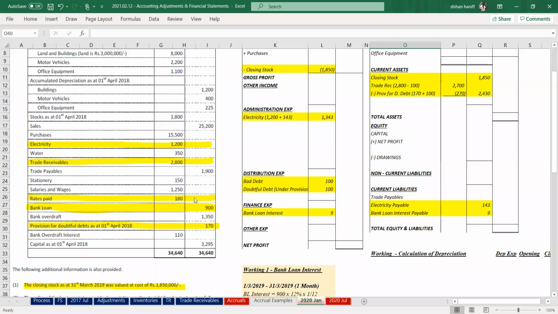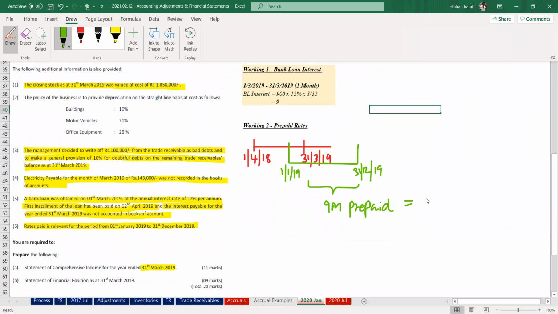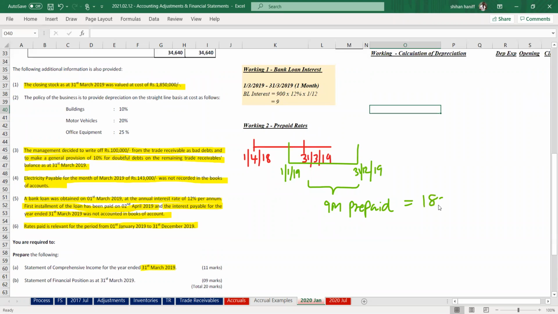Rates paid is 180. So from 180, 9 months, 9 over 12, 135 is prepaid.